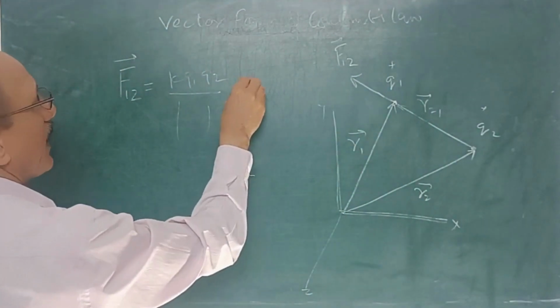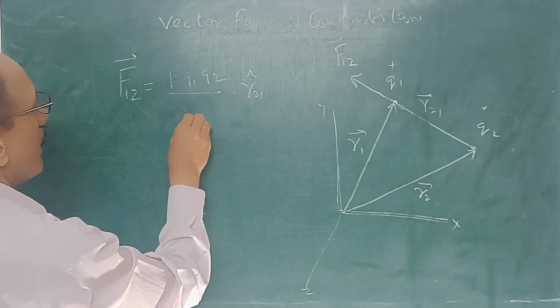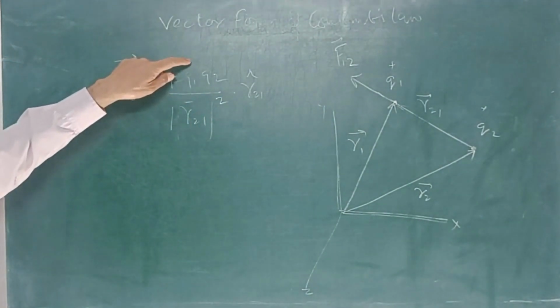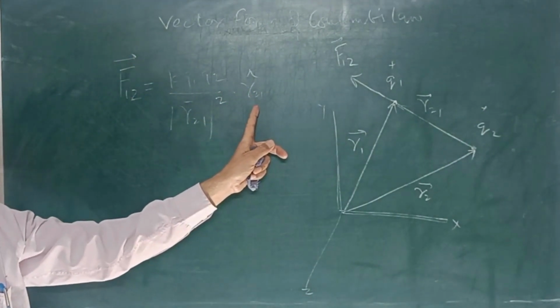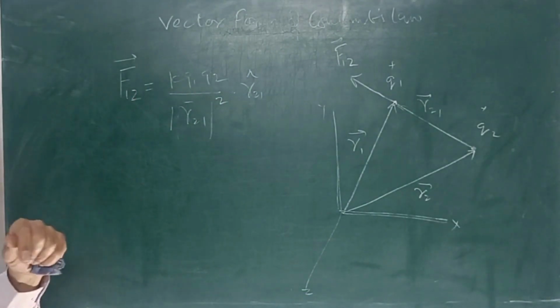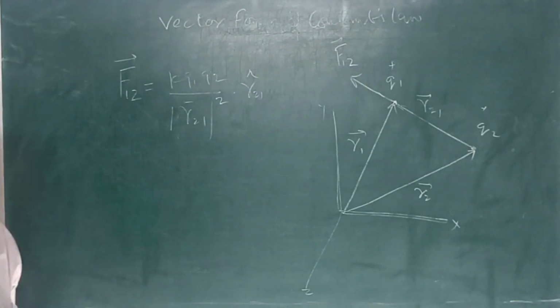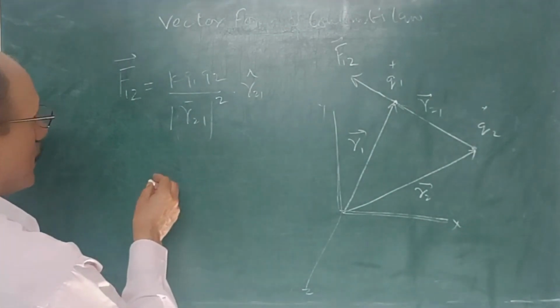So you can apply the R21 unit vector here, and here you have R21 vector mod square. So K Q1 Q2 upon R square is complete, but after attaching a unit vector it becomes the whole vector. And how can you express this R21 vector? That you have studied in 11th class, and that is tip minus tail.